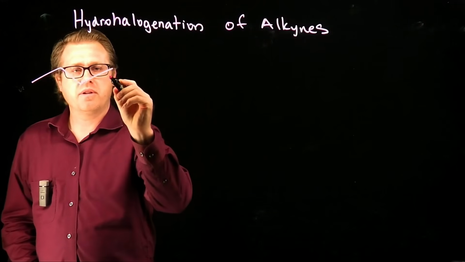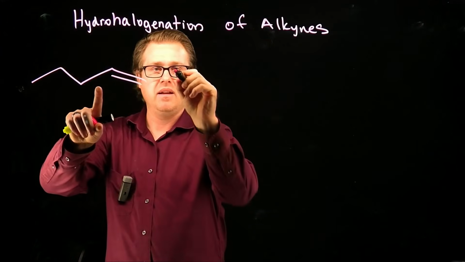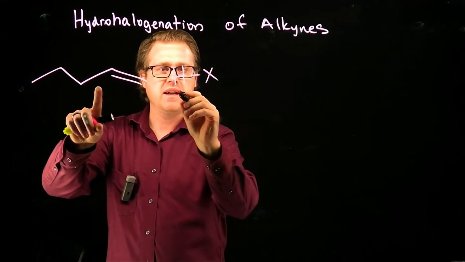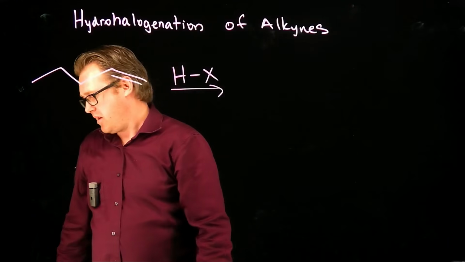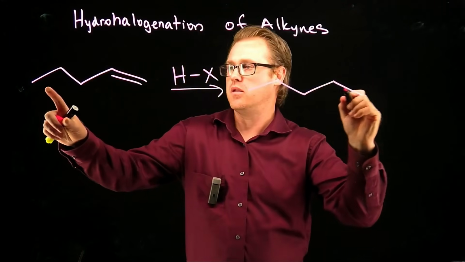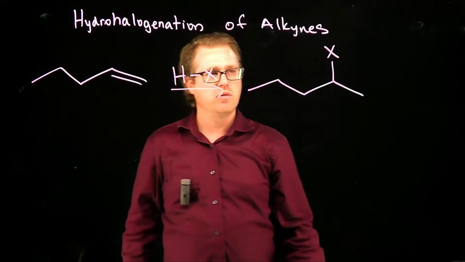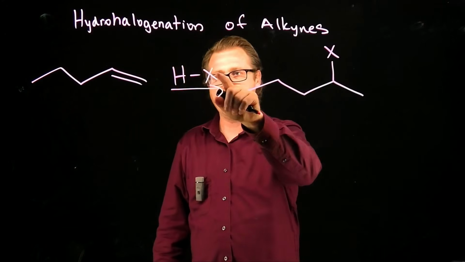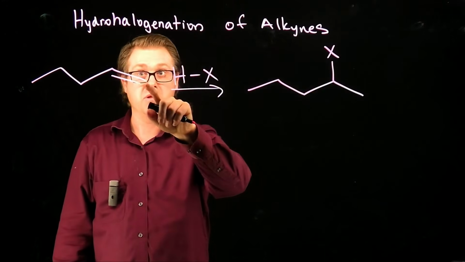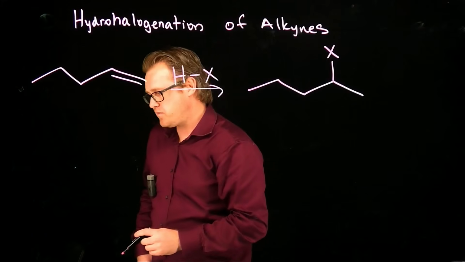But I do want to remind you that we've seen something similar when we have an alkene. When we treat that with HX, what are we going to get? We are going to get the Markovnikov product, which means that the halogen is going to go to the more substituted carbon and the hydrogen is going to go to the carbon with the most hydrogens. That's what we see, and we've seen that before.